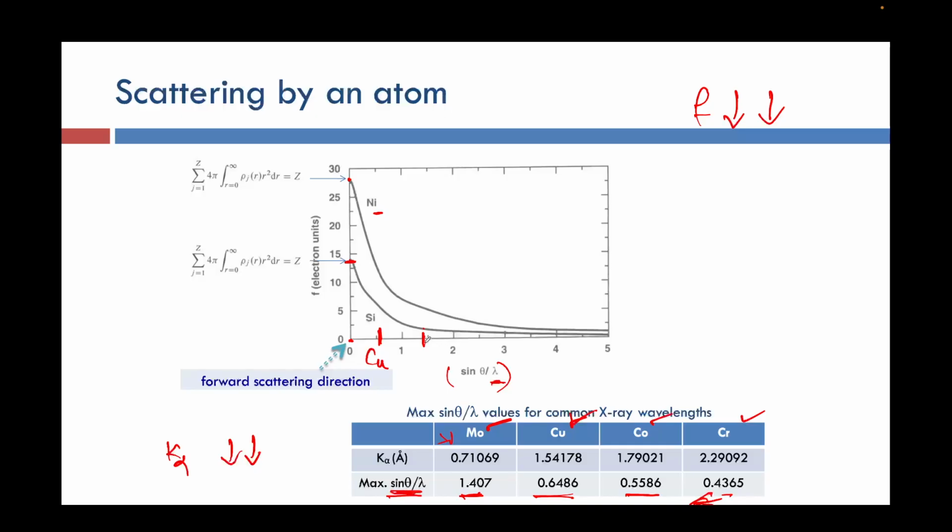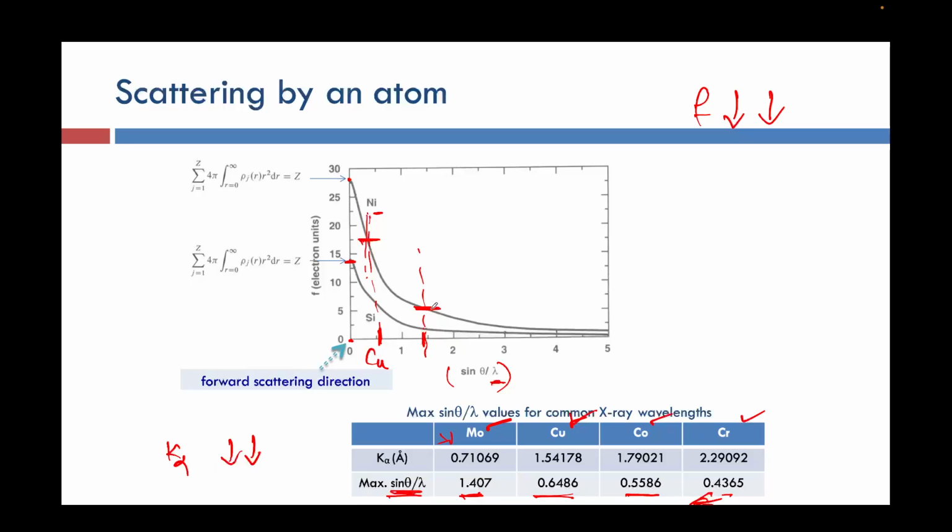So now if I have to see what value I will get for molybdenum as well as copper, you can see my intensity will be, if I am only considering this factor right now, the atomic scattering factor, you can see the contrast for a particular curve: who is giving me high scattering ability, from which X-ray I am getting more intensity, because in that X-ray the scattering ability of every atom is also increasing.